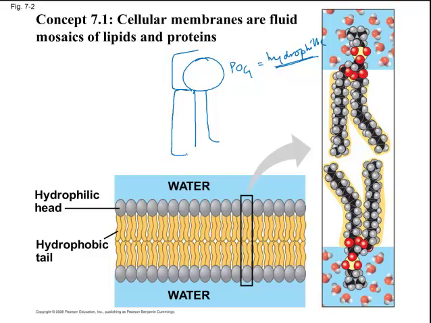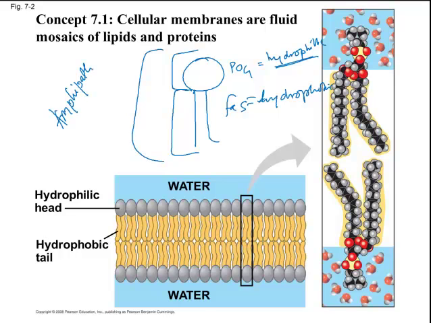This is the part which has the fatty acids, which is hydrophobic, which repels water. So in this entire molecule, one part is hydrophilic and one part is hydrophobic. This molecule is then called amphipathic.